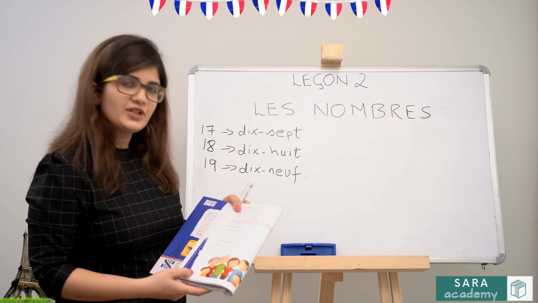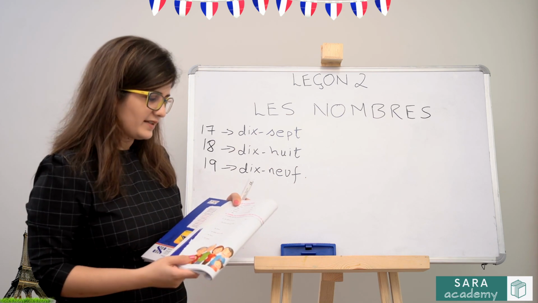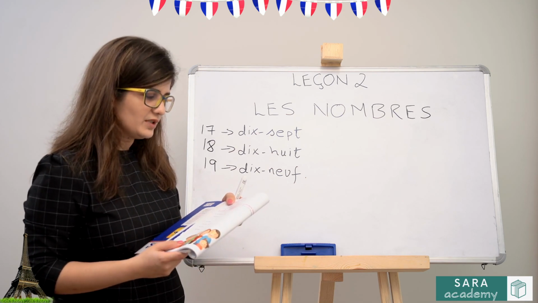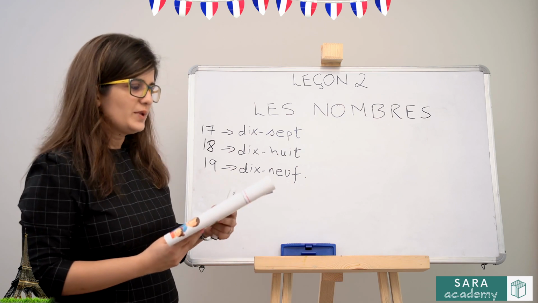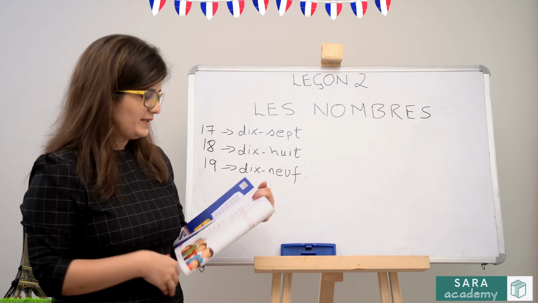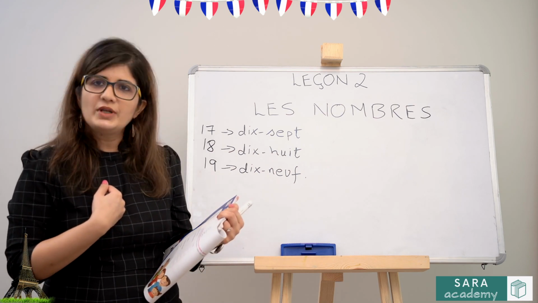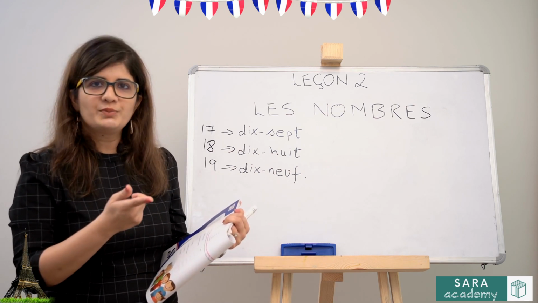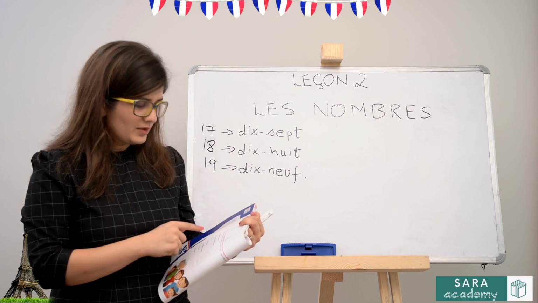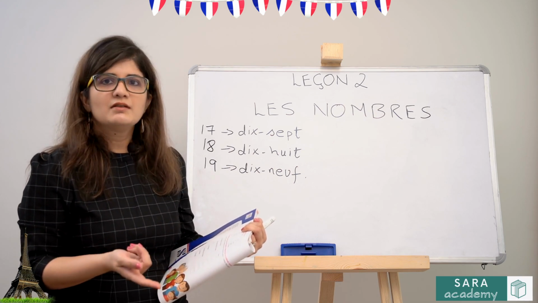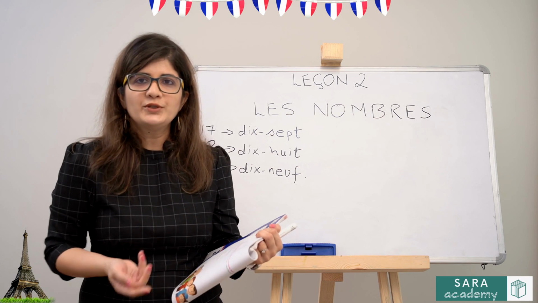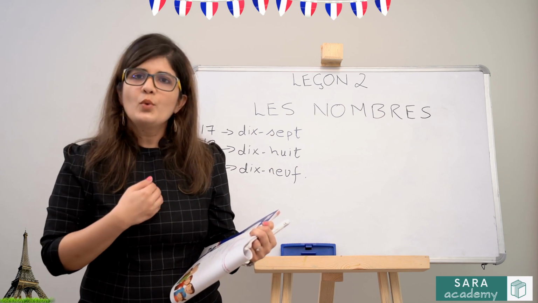Now on page 36, they've given you this exercise wherein you have to complete with the subject pronouns. So we can just try doing this. So see, my father and me, what will you replace it with in English? We. So your subject pronoun would be nous. My sister and my mother. Again, if you're part of that, what will you replace it with in English? We.